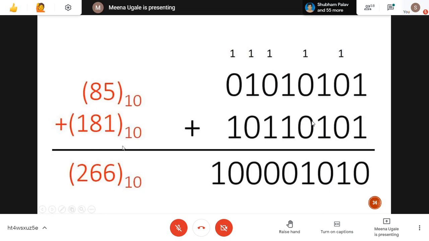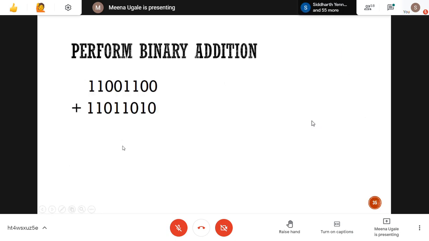Fine. Try for this now. One example is written here. Note down the numbers properly and you try for this.